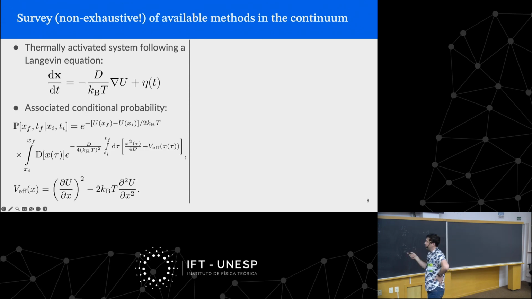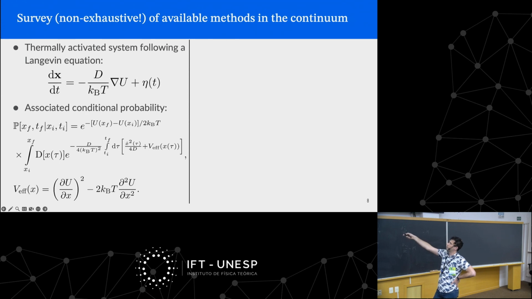You may or may not know that you can formally solve this equation, and for example, the probability to be in a given final state, given the initial state, can be written as the exponential of the difference between the energy of the two states, and then an integral, which is a path integral. This presents some analogy with quantum mechanics, but I'll come back to this in a moment.